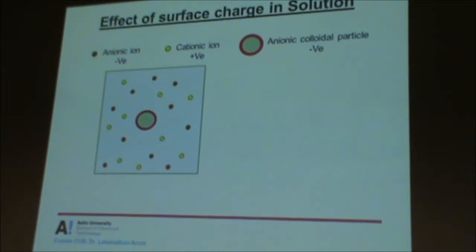Okay, reflection. Now, one effect of surface potential around a charge is the following. If you take a particle in a solution in water, let's say it's an anionic particle, and you have a lot of positive and negative ions. Let's say it's an electrolyte solution. Now, because it has potential, it attracts the ions of the opposite charge, it repels the negative charges.